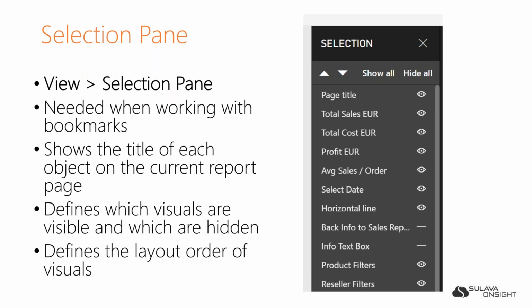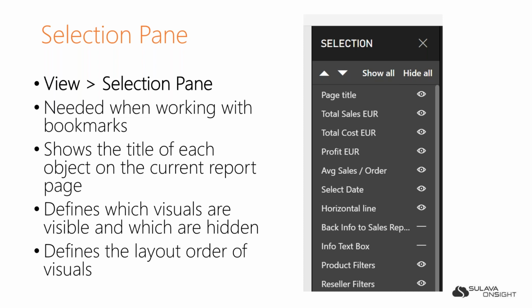And with bookmarks, we usually also want to define what is visible on the page and what is hidden on the page. So with the selection pane, you can start building pages where something is visible or hidden, and then you can save these views as bookmarks. So you need a selection pane when working and building your reports containing bookmarks.